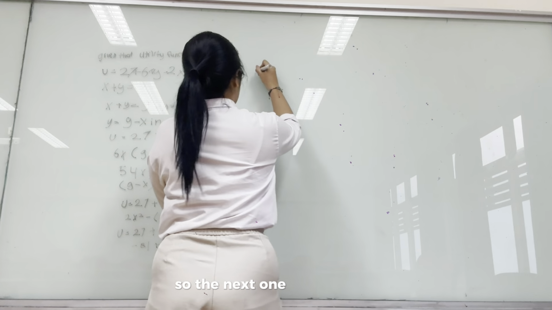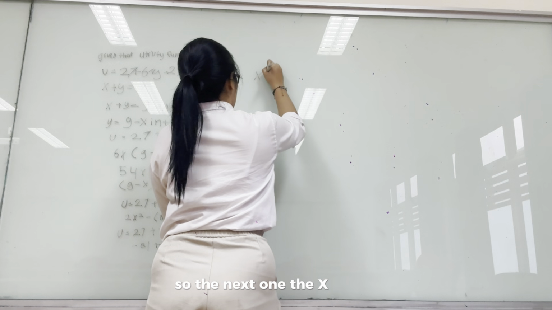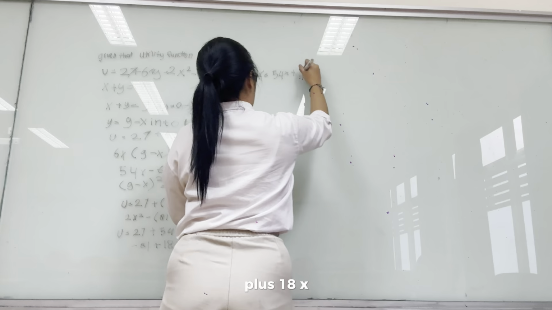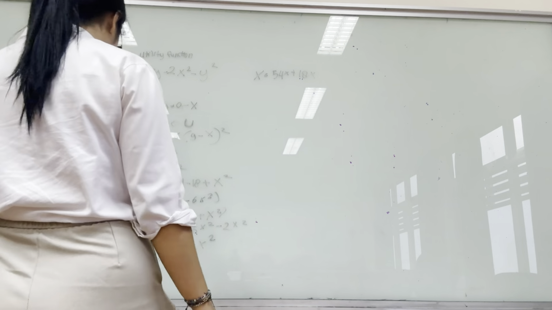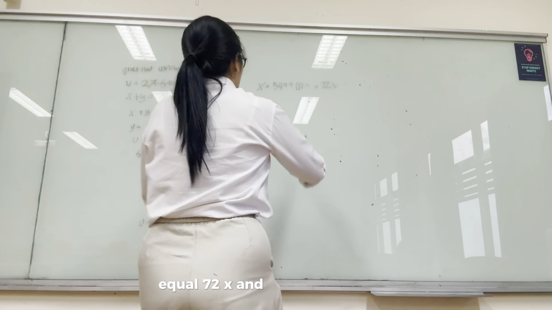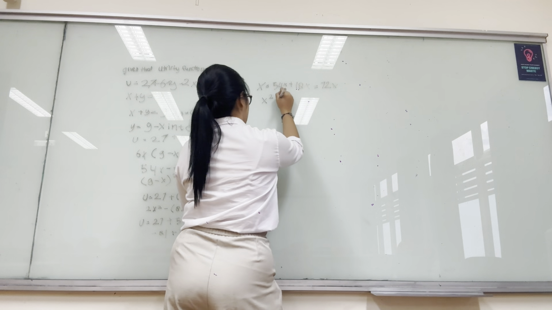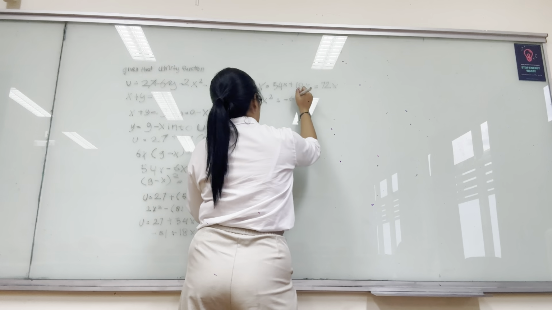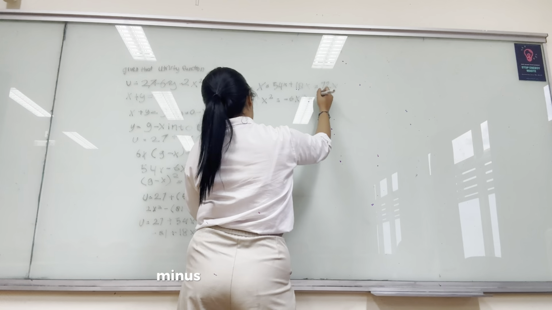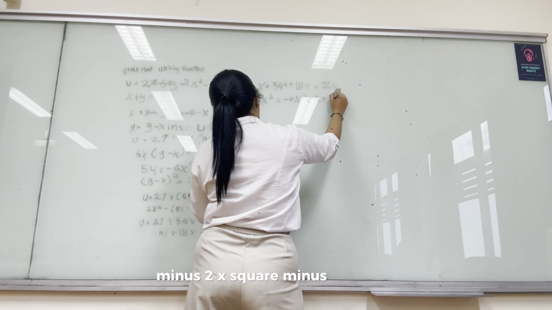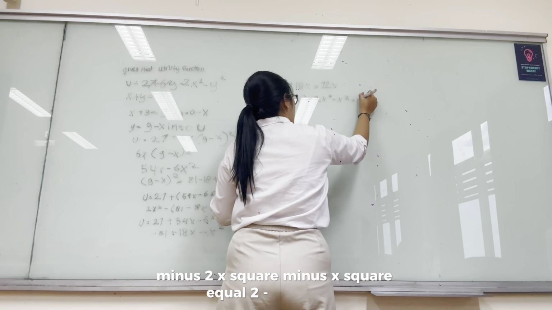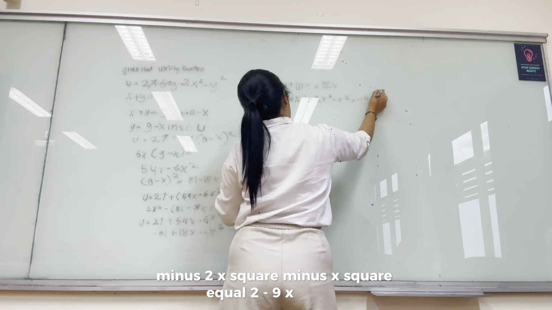So the next one, the x terms: 54x plus 18x equal 72x, and then the x squared terms: minus 6x squared minus 2x squared minus x squared equal minus 9x squared.